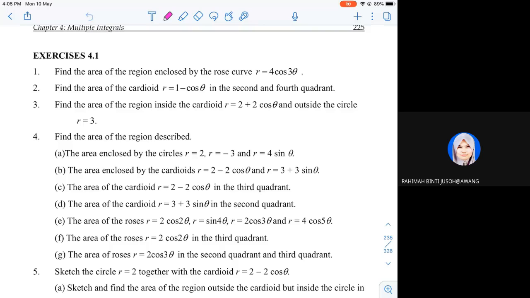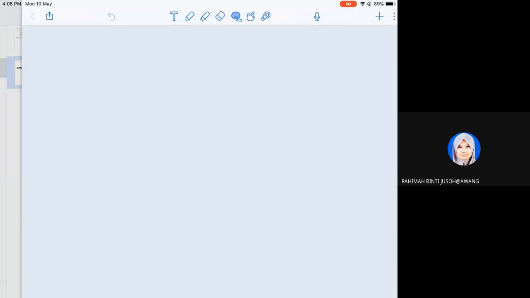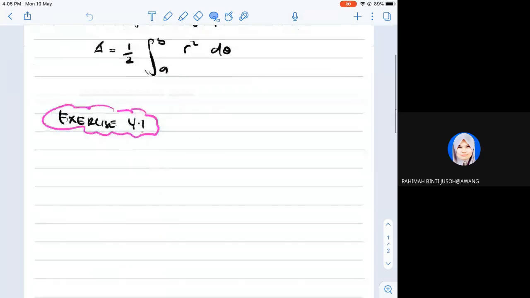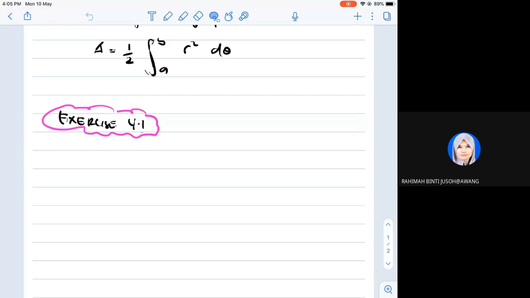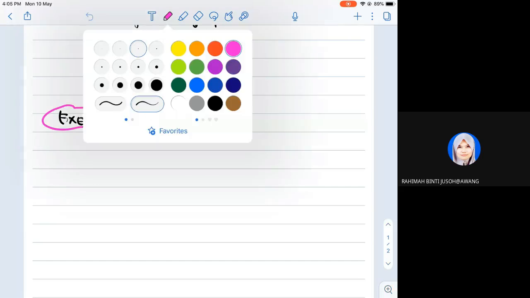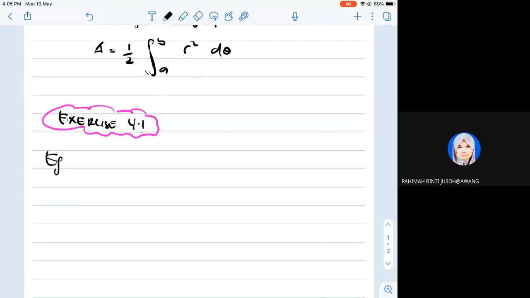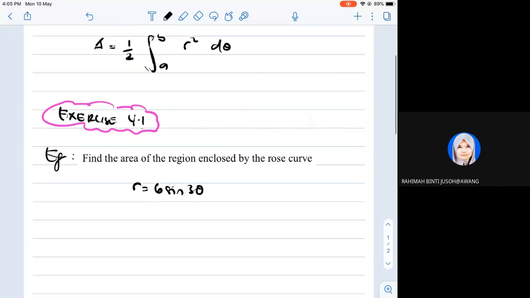Find the area of the region enclosed by... okay, let's say I change the question first. I put an example. Let's say r equals, I change into sine. So I put, let's say, 6 sine 3 theta.